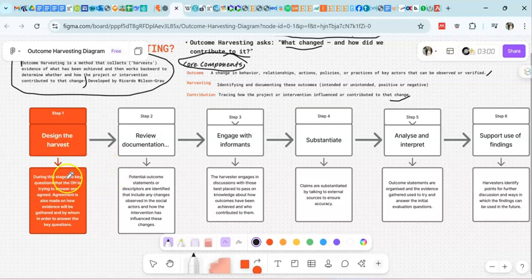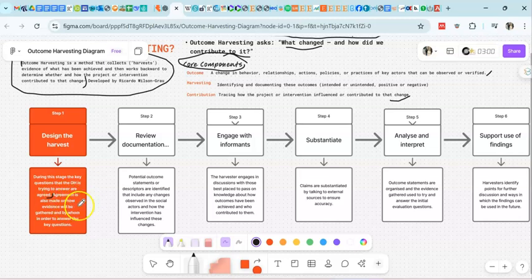During the design stage, the key questions that the outcome harvesting is trying to answer are agreed with the client or the company, between the evaluator or harvester and the company.